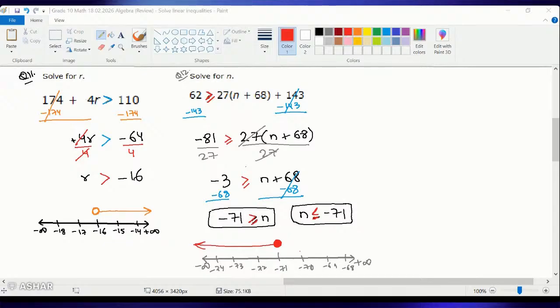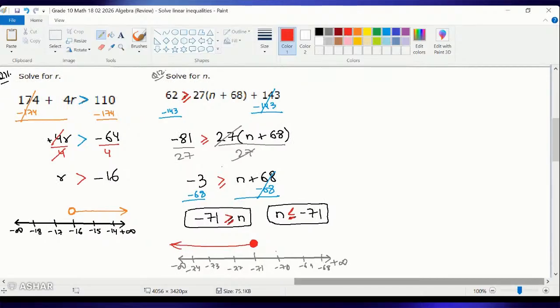For the next question, it says solve for u and simplify the inequality. This is question number 13 that has been given to us. 172 is greater than u upon negative 12 plus 176.